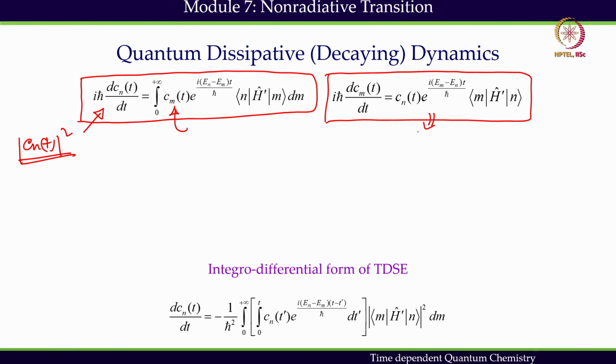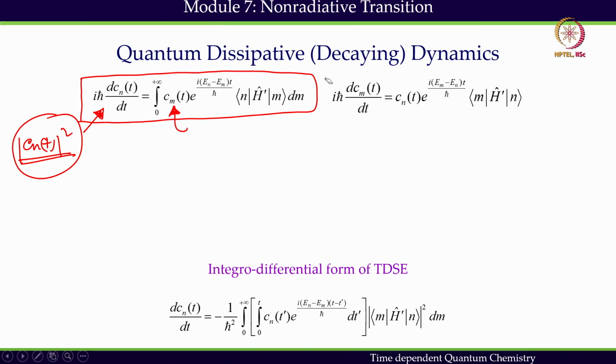So from this equation I get that Cm expression, I insert that expression here, then I will be able to integrate this equation to get the population in the nth state. That's exactly what we are going to do. So let's integrate this part. We'll be able to integrate this part very easily.